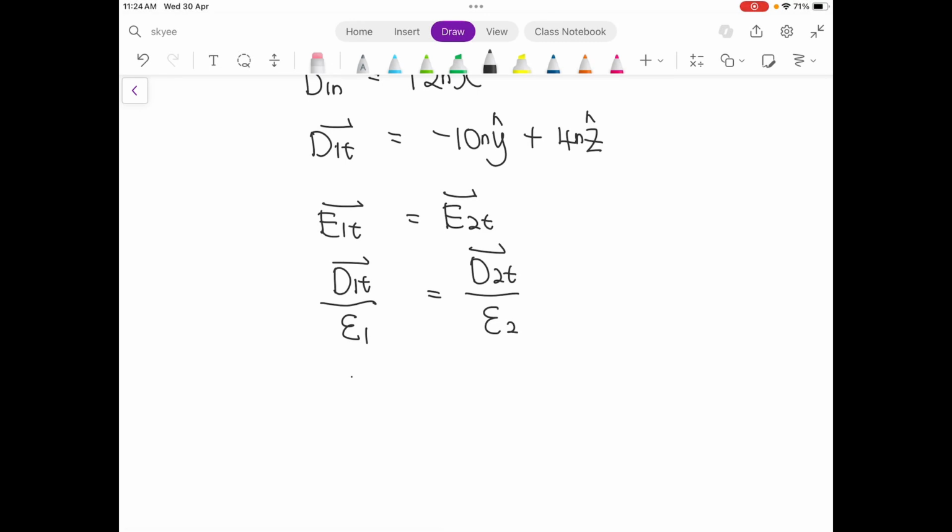We want to get D2t, so it equals D1t over epsilon 1 multiplied by epsilon 2.